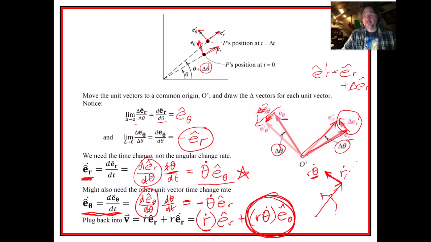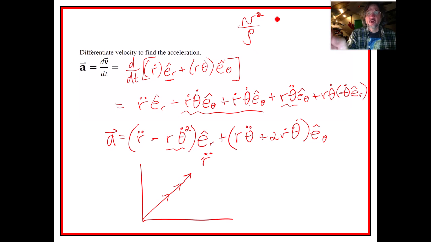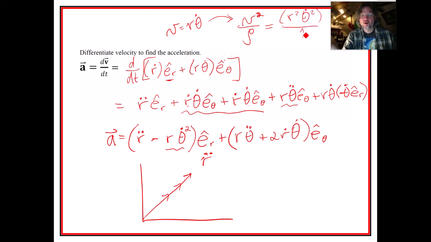So if we stick in v equal to r theta dot, and remember that in this case rho becomes r, what we would find is r squared theta dot squared over r.